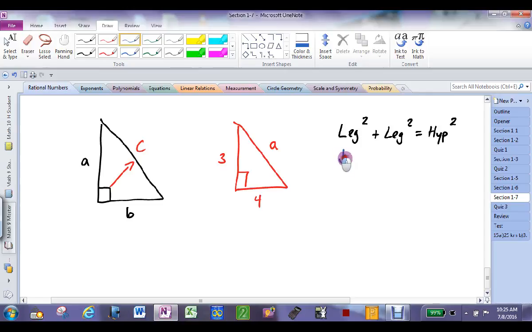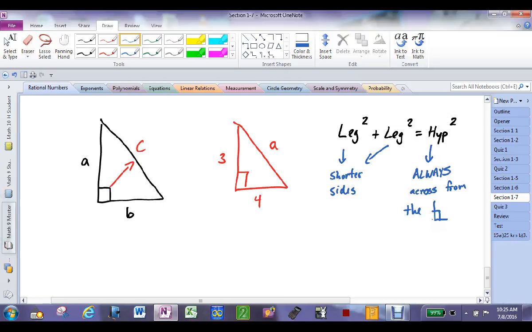The legs are the shorter sides. And the hypotenuse is always across from the 90-degree corner. Always. No matter how the triangle rolls around, no matter what letters are there.